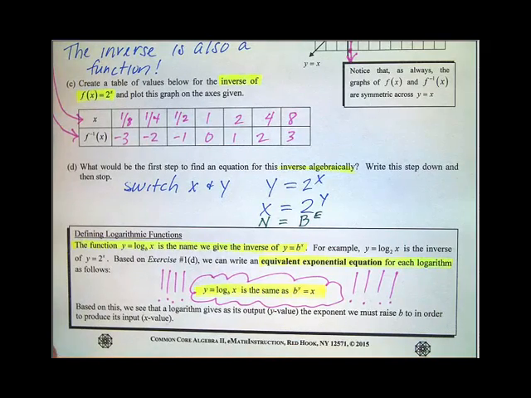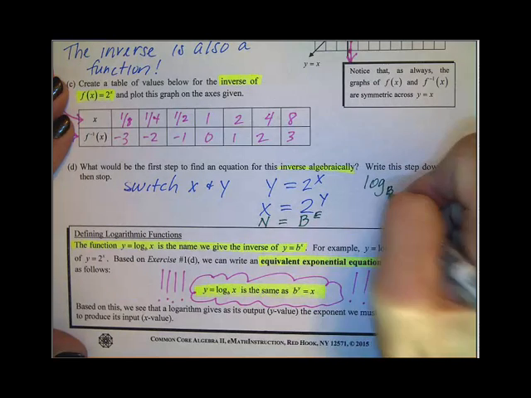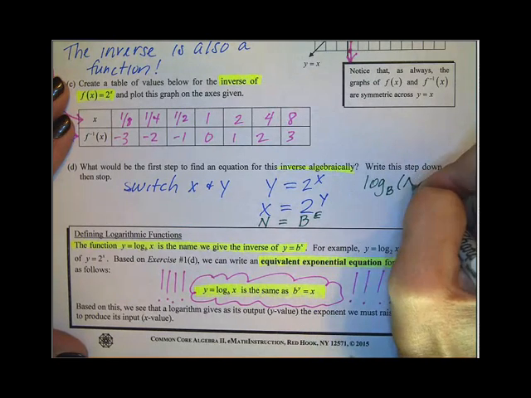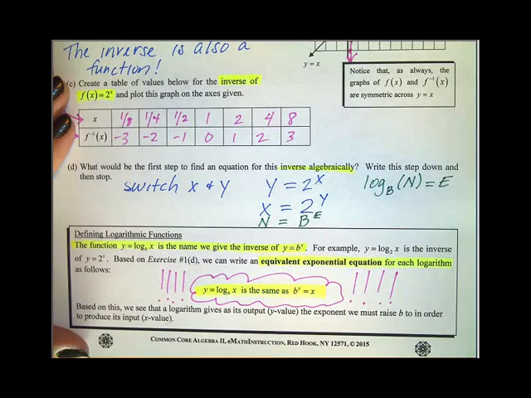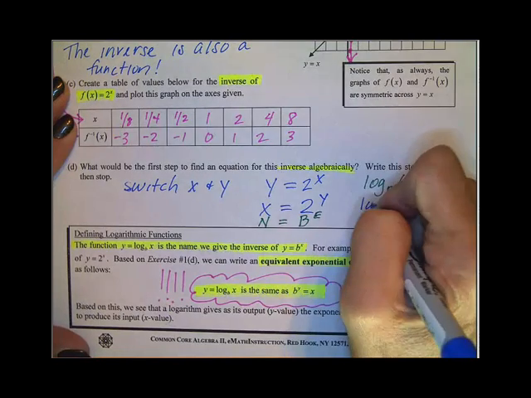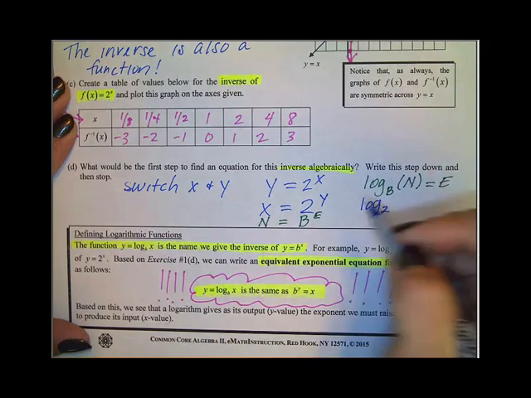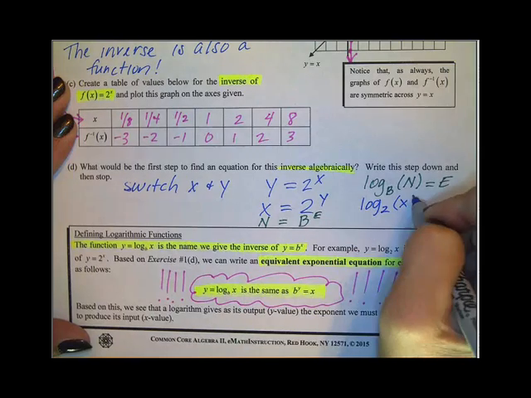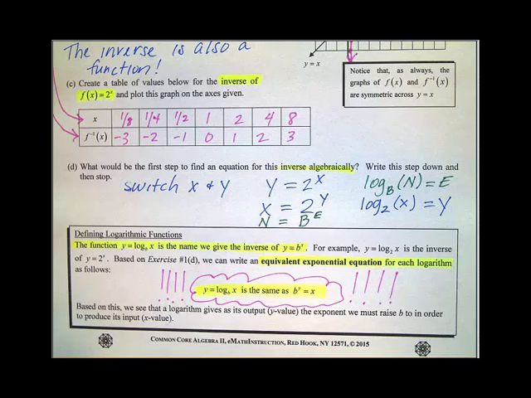So to write BEN in log form, we have log base b of N equals E. So this equation, like they said, would be log, my base is 2 because it has the exponent attached, my number is x, and it equals y. So that's how they got the answer.